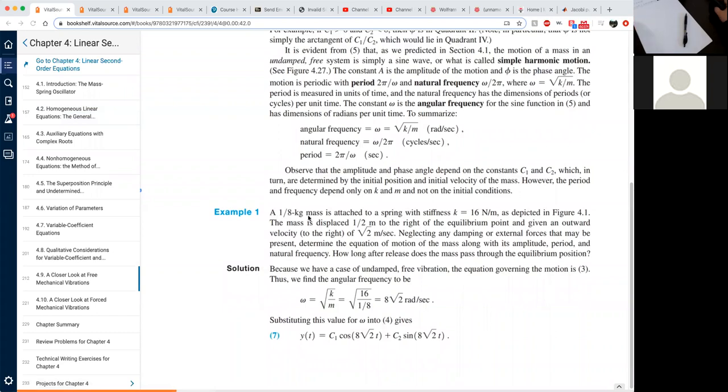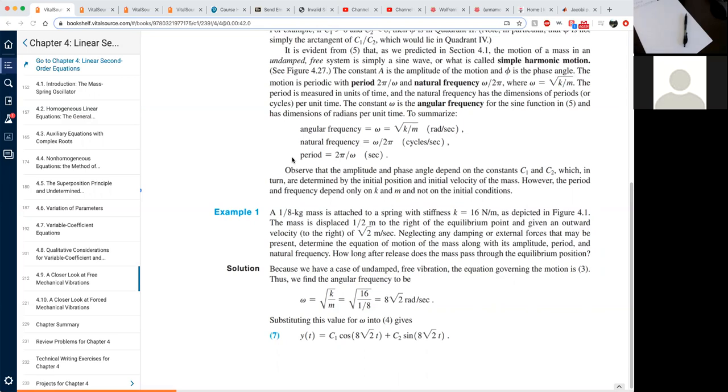The mass is attached to a spring with the stiffness k of 16 Newton per meter. It's depicted in figure 4.1. Let me draw the figure 4.1 in my sketch paper. The mass is displaced 1/2 meter to the right of the equilibrium point, given an outward velocity of square root 2, and then neglecting any damping or external forces.